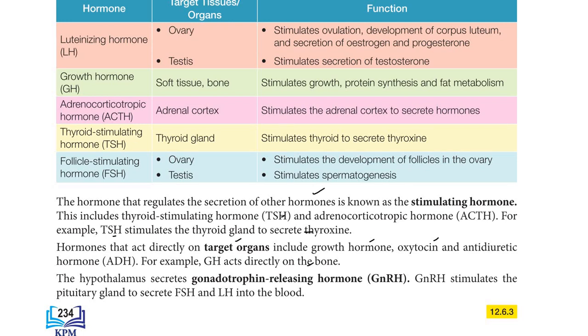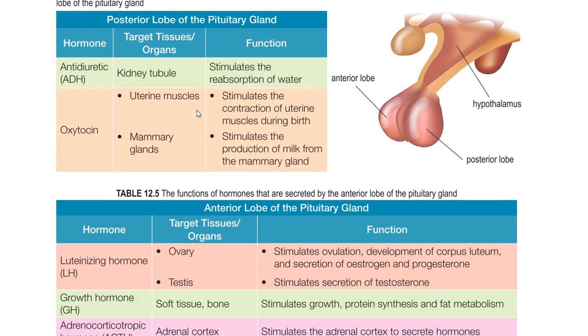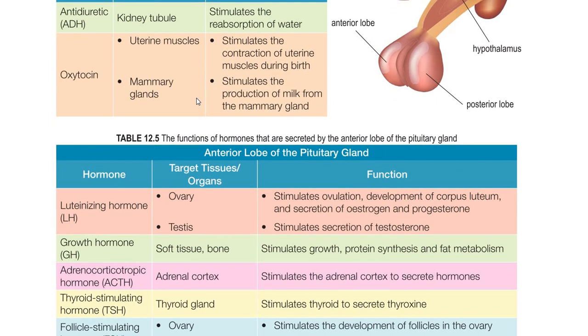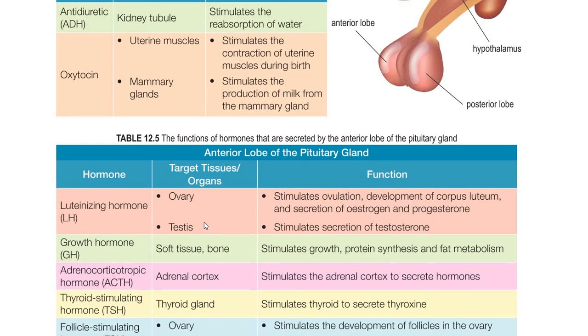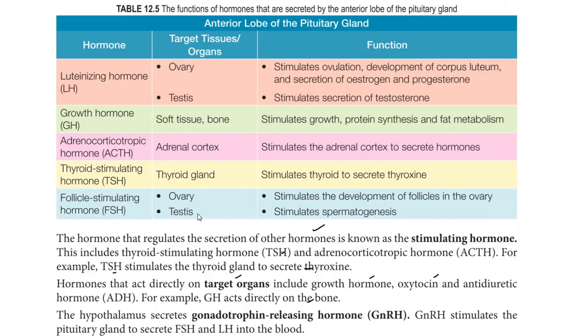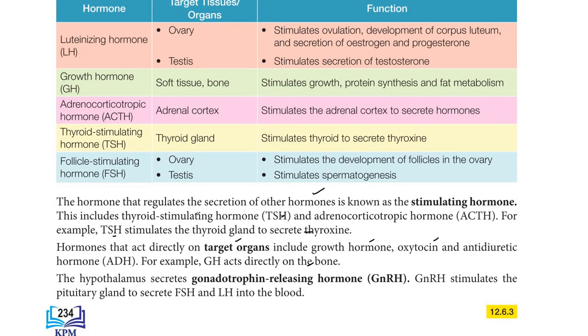So from this table here, we can divide these hormones into two categories: stimulating hormones and hormones that act directly on target organs. I start with the hormones that act directly on target organs. For example, growth hormone.